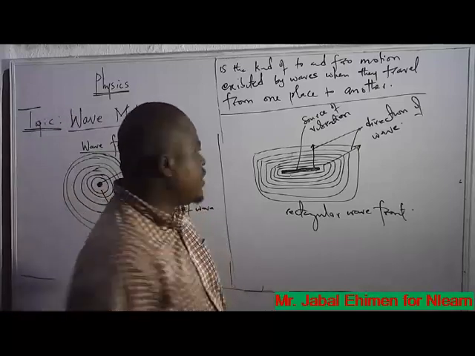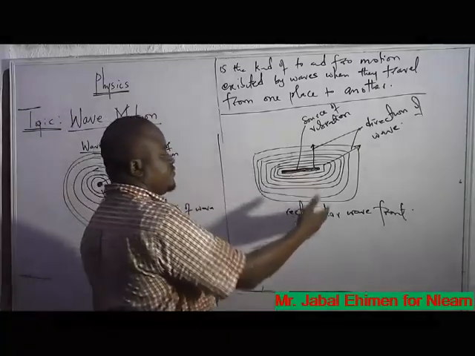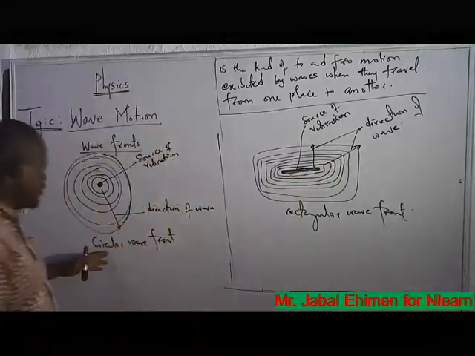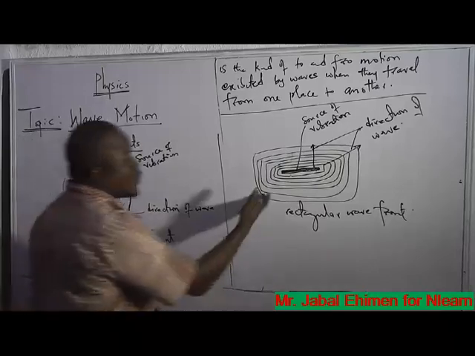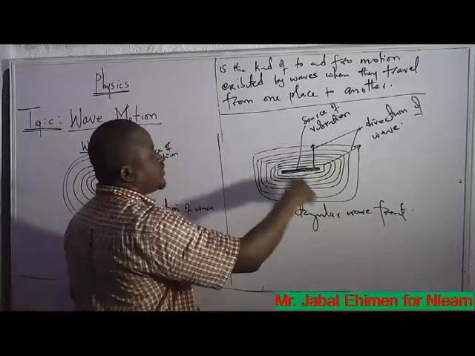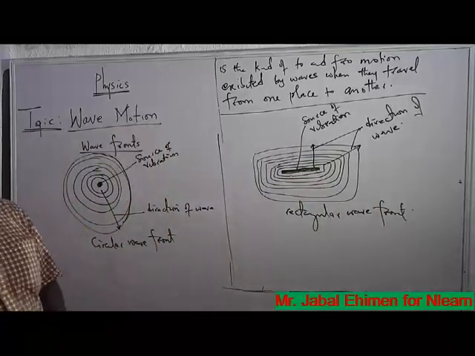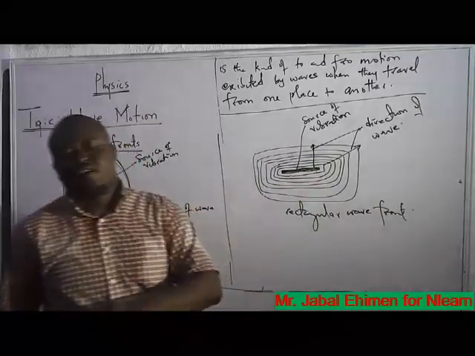A circular wavefront is obtained using a circular object, while a rectangular wavefront is obtained using a rectangular object in a ripple tank. Now, that is that. Let's now consider something else.